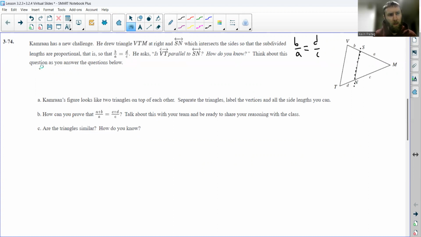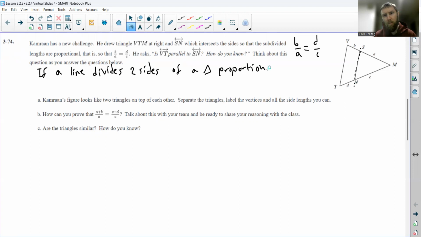The theorem would say: if a line divides two sides of a triangle proportionally, then it is parallel to the third side.